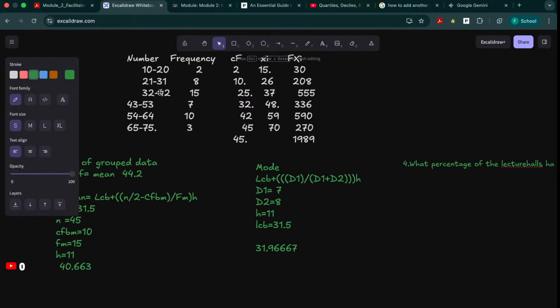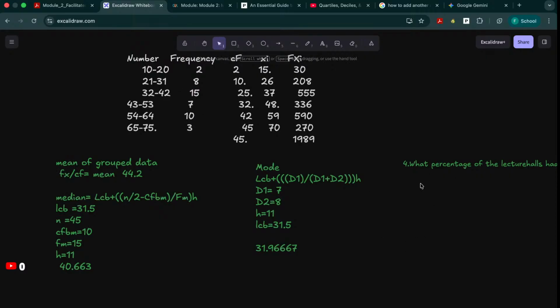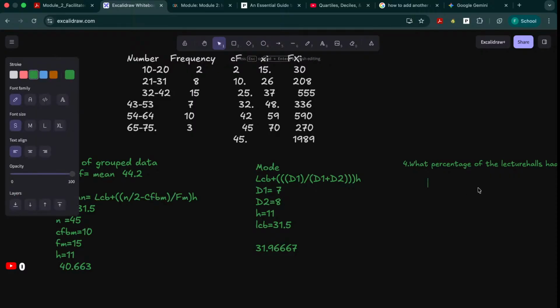So see, we start from here. This is where we have students starting from 42. So see, we add the frequency from here, and then we get that answer as x, then that x we divide by the CF.